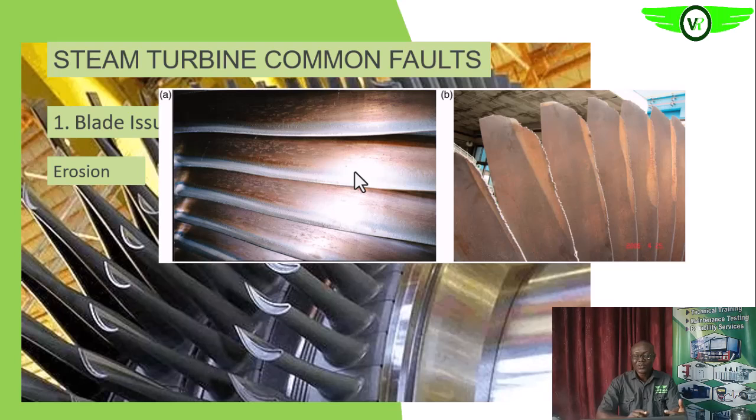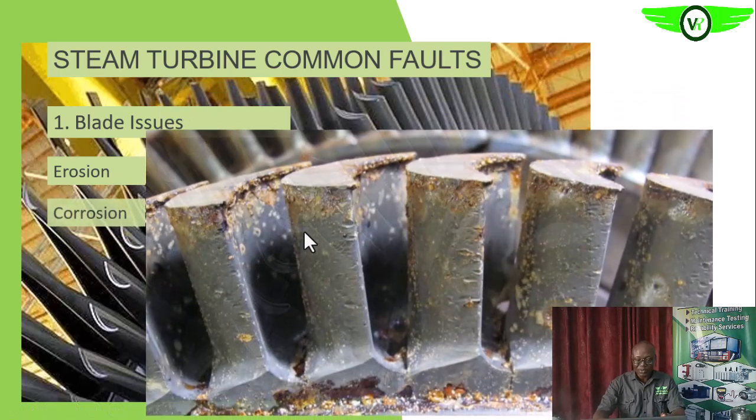Such precipitate within the steam turbine, are we getting it, can cause this kind of erosion because of the speed with which they are coming to impinge, or strike, on the turbine blade. So that is the common causes of erosion on the blade.